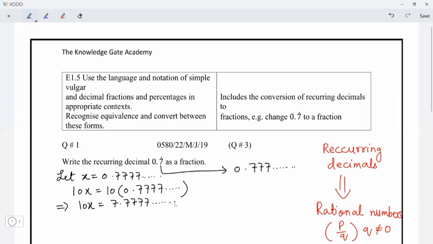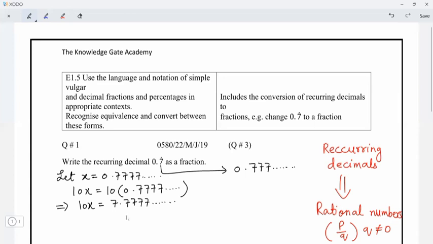We need to remember why: we have to follow the same number of digits as in our first number x. There are 4 digits in the very first step, so we need to follow the same number of digits after multiplying it by 10.